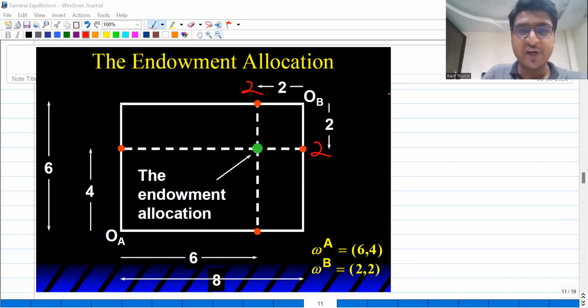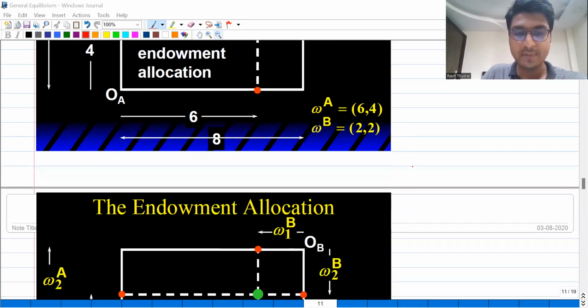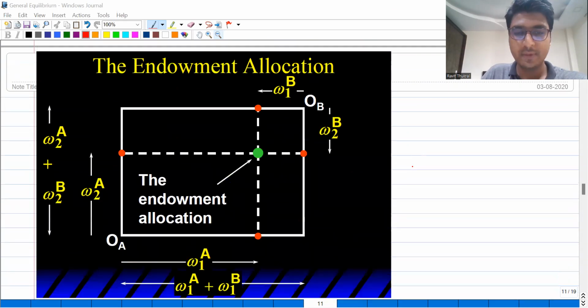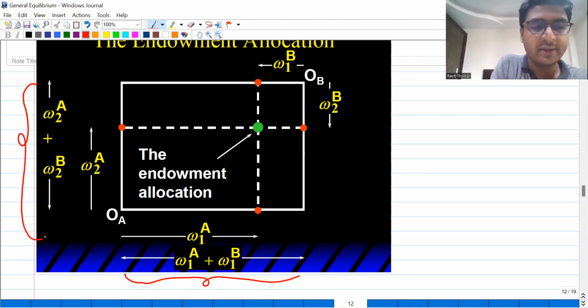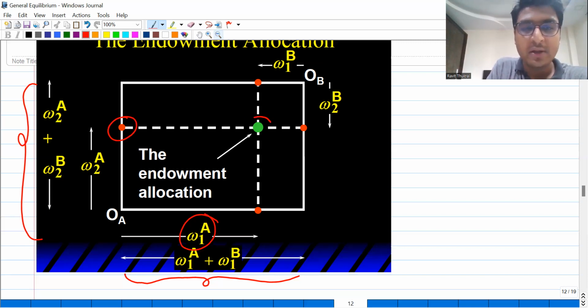So that's how the Edgeworth box is constructed. ठीक है. So we took width as the total of good 1 available in the economy. We took height as the total of good 2 available in the economy. आपने प्लॉट करा इंडिविजुअल A के लिए और B के लिए. You got this point. Okay, and this is what we call omega.